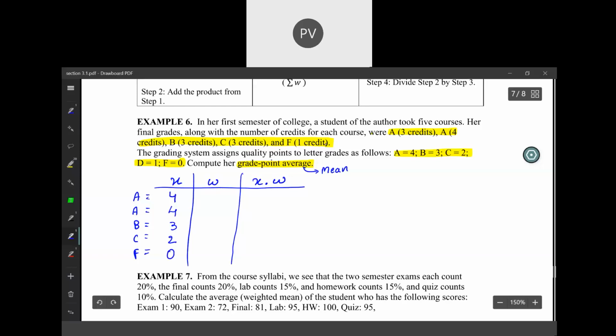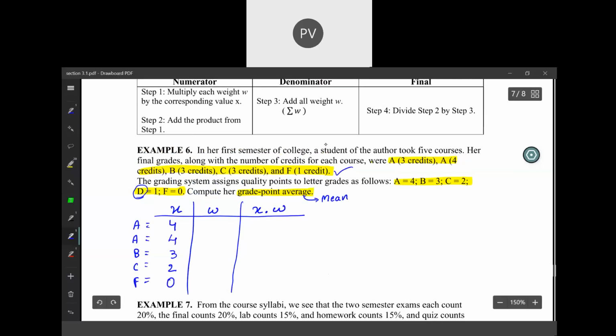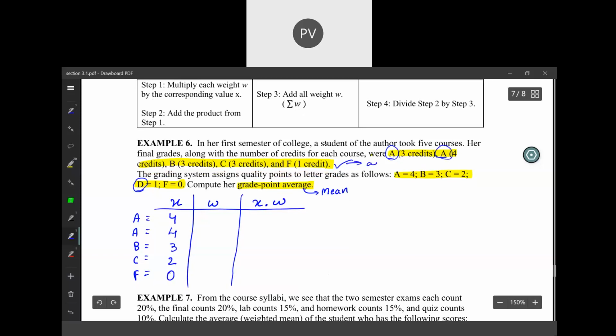Now I'm not including D because it is not present here. This is the weights. This is the x values.